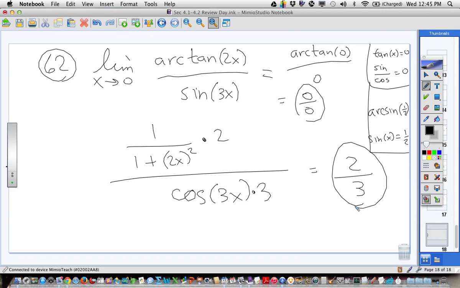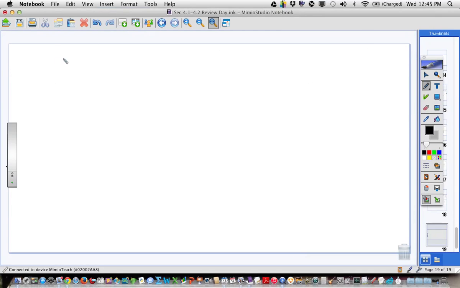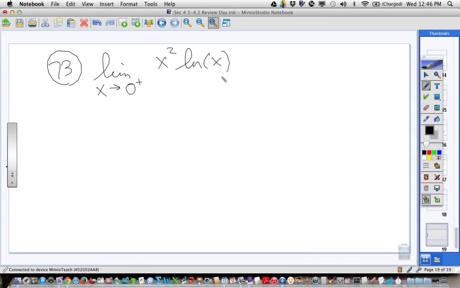All right. Any others? There's a lot of them there. 73. Limit as x approaches 0 from the right of x squared times natural log x.